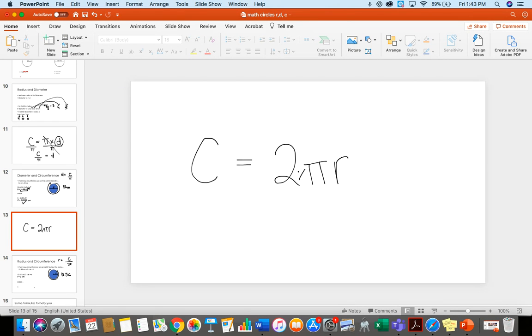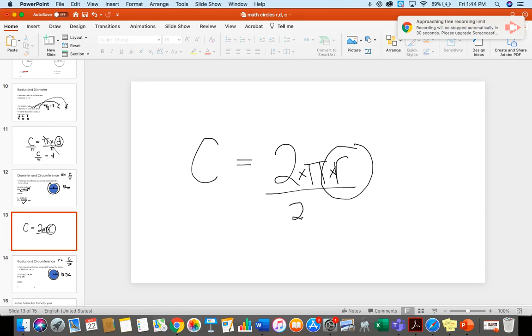So this is like saying it is being multiplied. Just because it's not written doesn't mean that it's not being multiplied. So once again, we want to figure out what r is on its own. So we know it is currently being multiplied by 2 and times pi. So again, what is the opposite of multiplication? It is division. So all you have to do is divide, divide. That's where you get the formula.